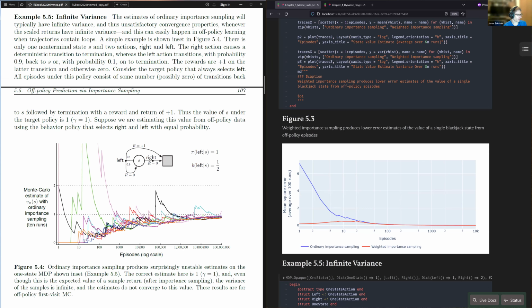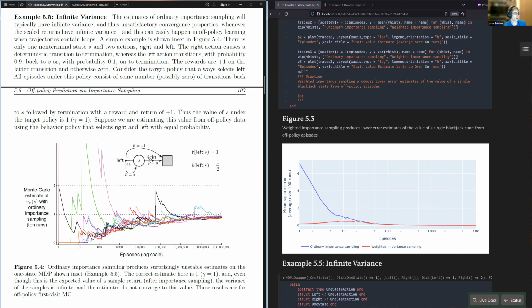The next example is another MDP where we also have just one state, but now there are two actions. If we go right, the episode just terminates with a reward of 0. If we go left, there is a 10% chance of terminating with a reward of 1, and a 90% chance of returning to the same state with a reward of 0.